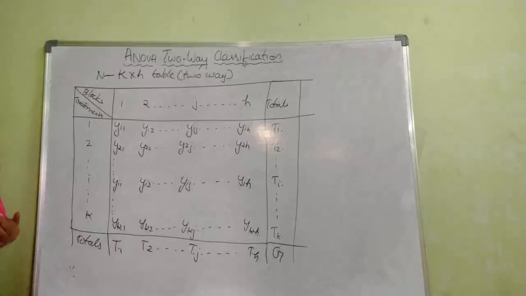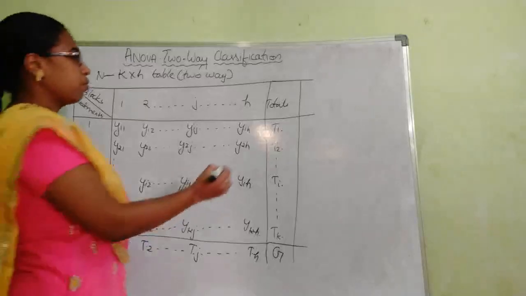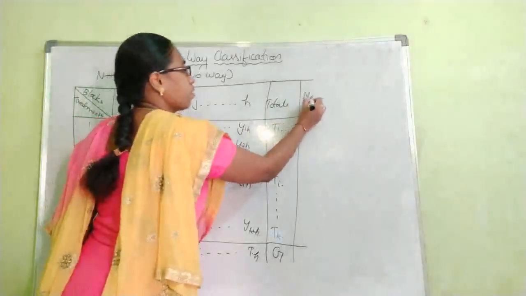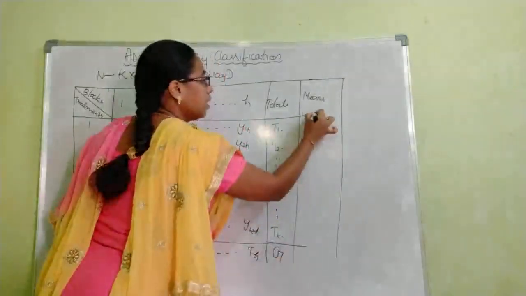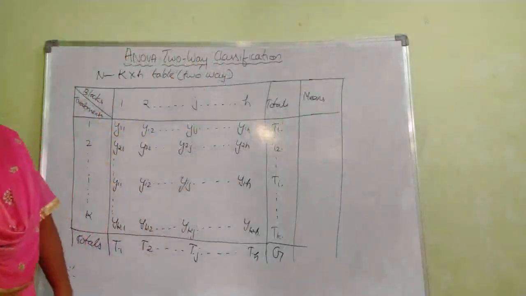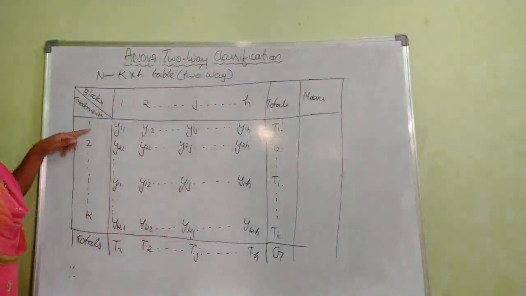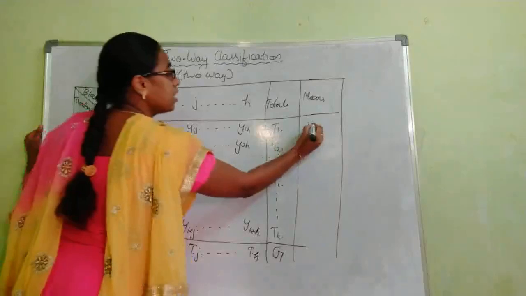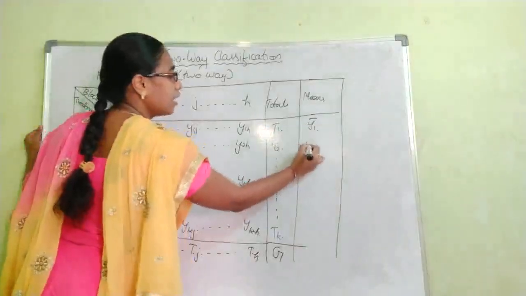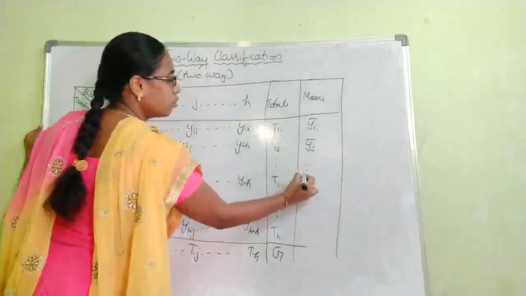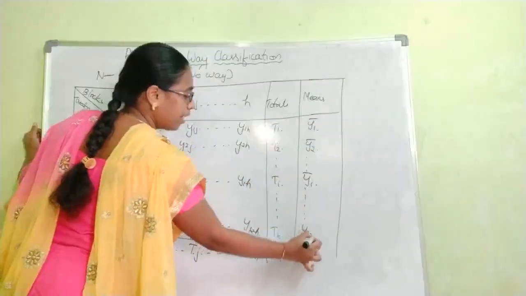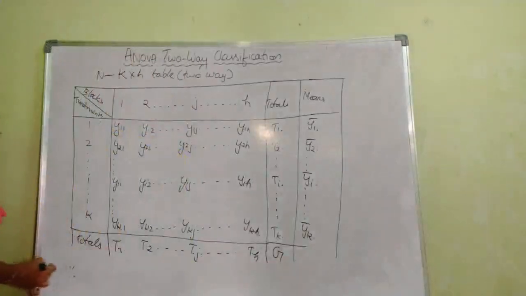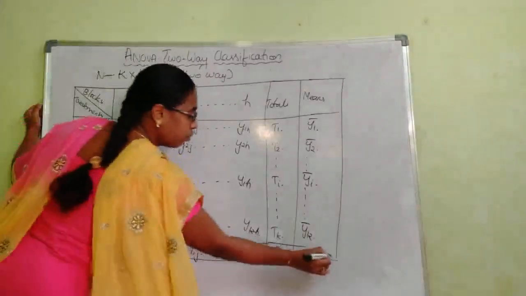Now we will be writing the means also. These are the treatment means. Here we are going to write the mean of the ith treatment. First is the first treatment mean, y1 dot bar, next is y2 dot bar, so on yi dot bar, up to the kth mean yk dot bar. Next, similarly, write down the means for the blocks also.